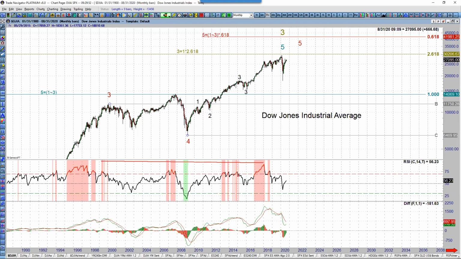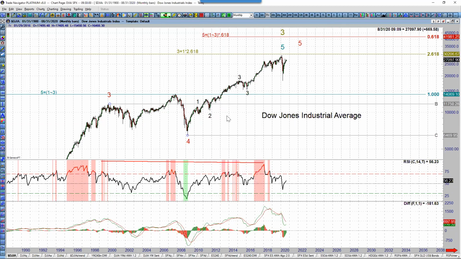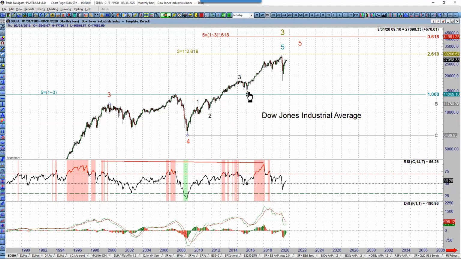So that third wave was in 2015, and then the fourth wave was likely in the first quarter of 2016. And now, just for grins, let's continue to label this as a large degree top right there in February.